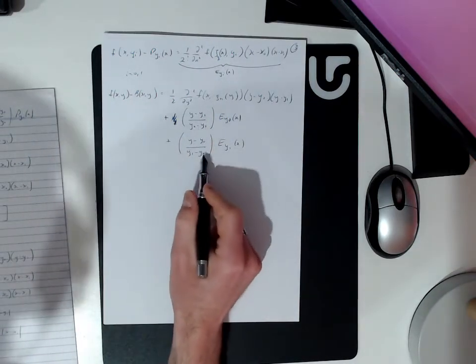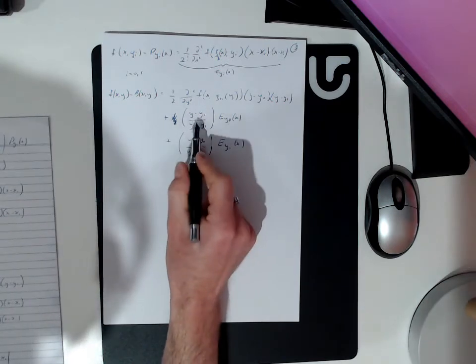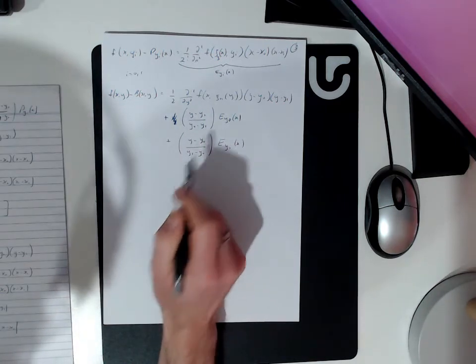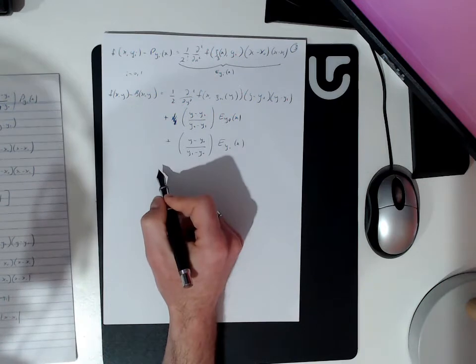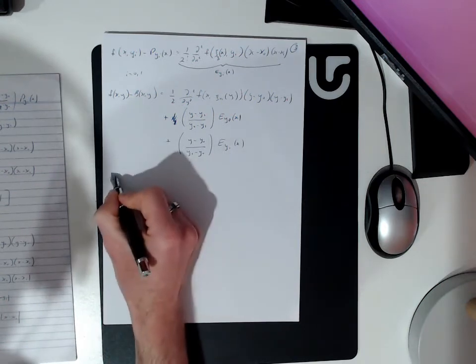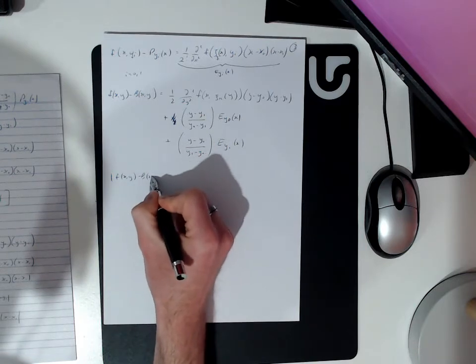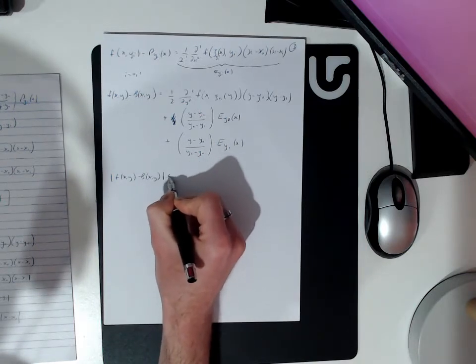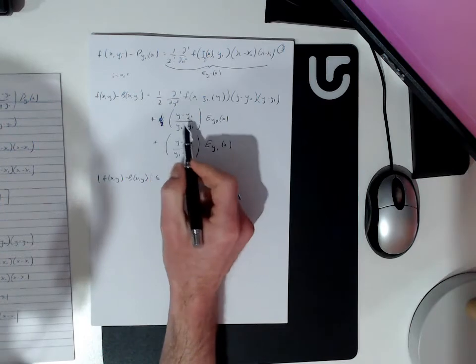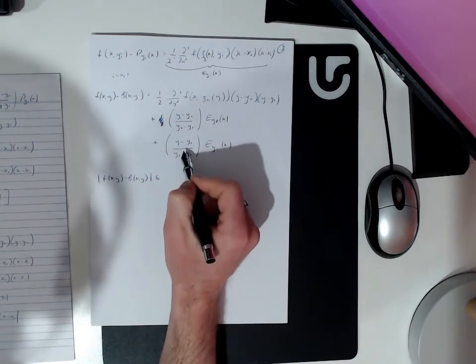This is less than 1, and that's going to be less than 1 because we're dividing by the step size here. So you can always say that the absolute value is less than or equal. There's two lots of these.